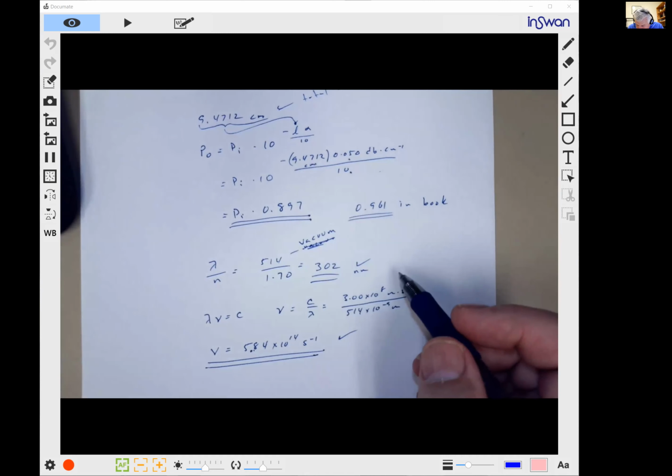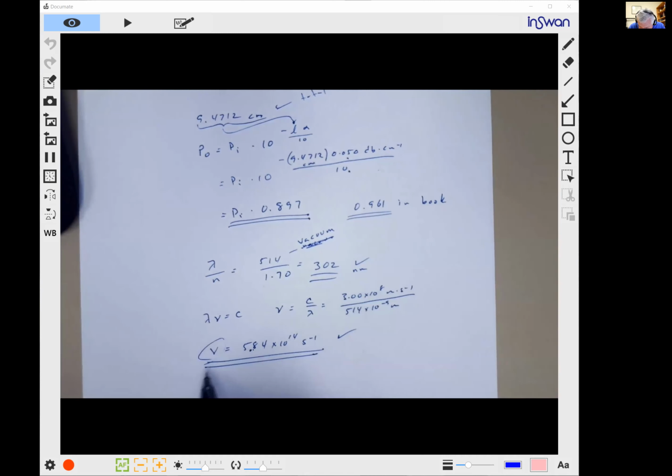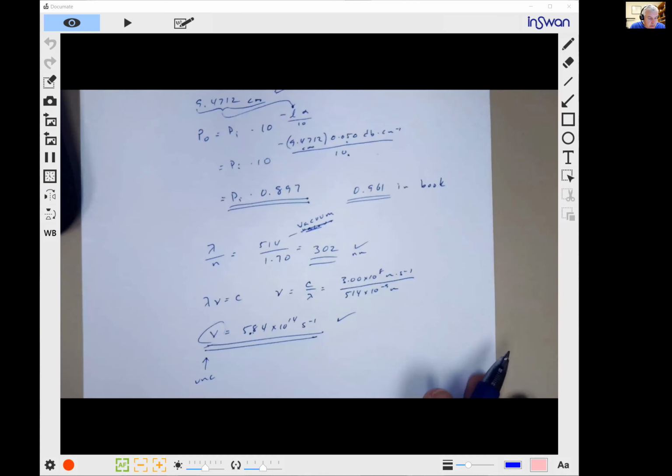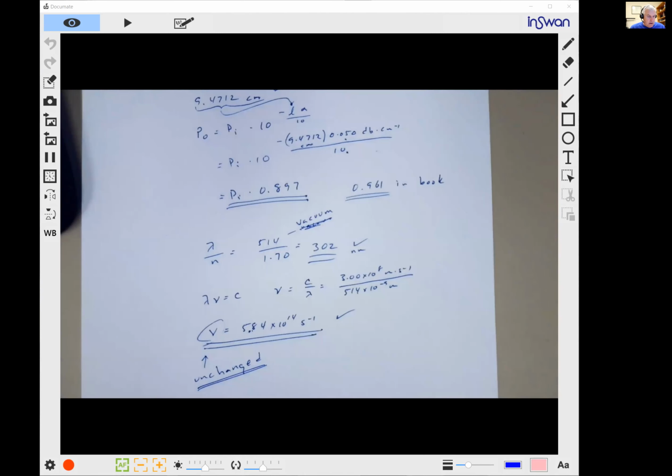But the frequency is unchanged. So see if you can follow through with that. And if everybody gets it wrong in the homework, then I'll drop it or something. But that's how I did it.